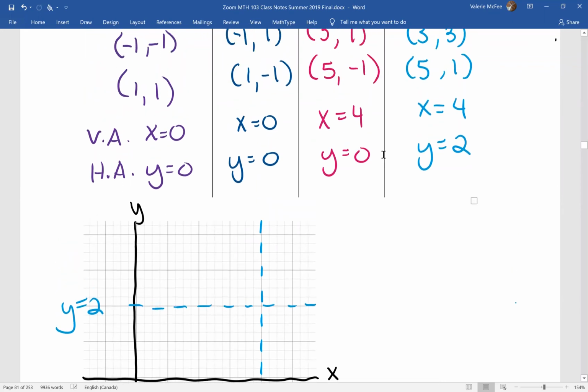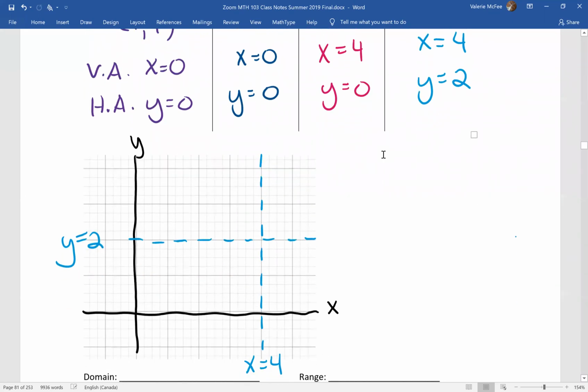And then we have a point at (5, 1) and a point at (3, 3). And there we have our reflection across the x-axis, moved 4 units to the right and 2 units up.